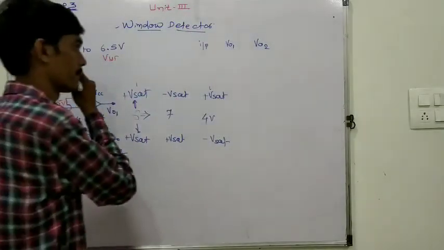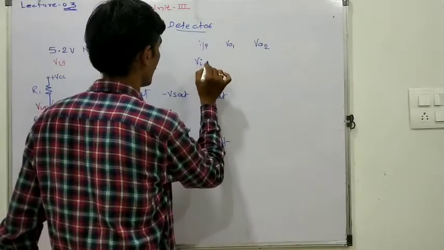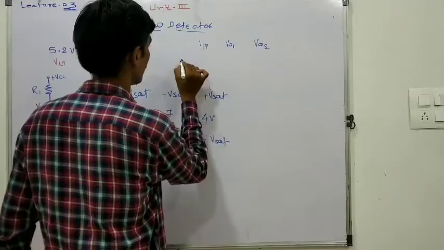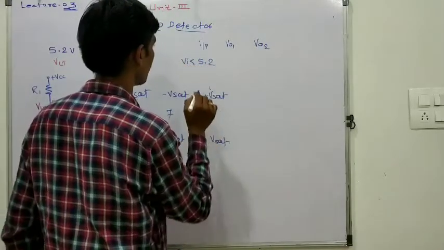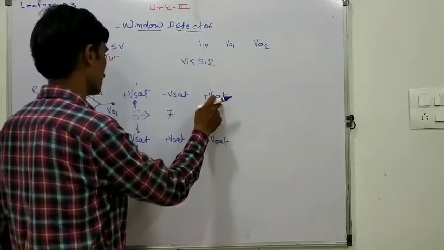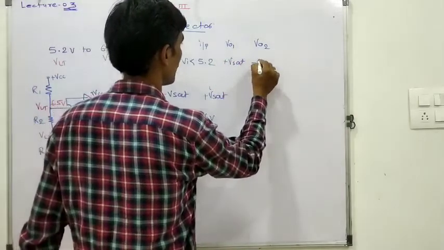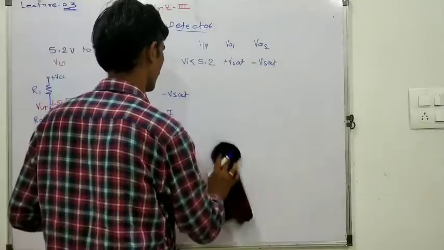So the input Vi is less than 5.2. This is the first condition. What is the condition if it is less? The first output is nothing but plus Vsat, and this is plus Vsat, this is minus Vsat. Is it right? So this is the first condition.